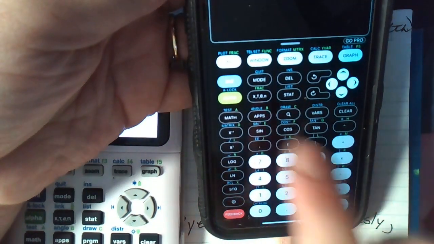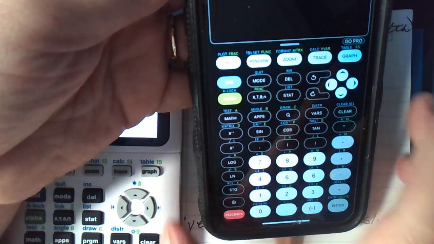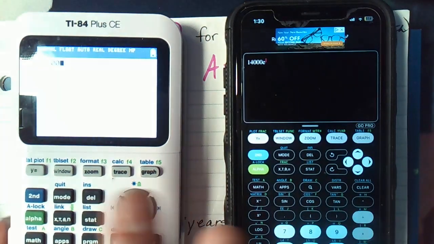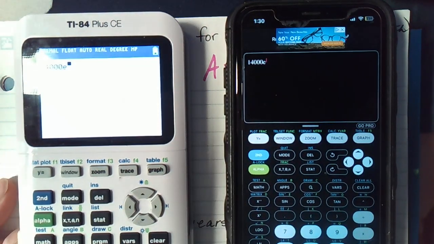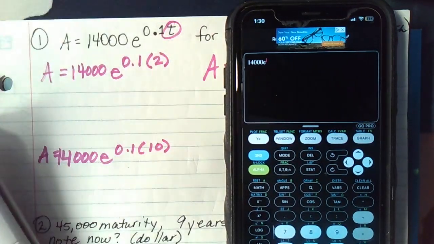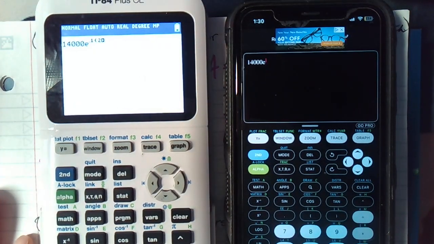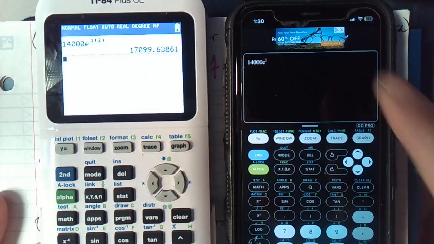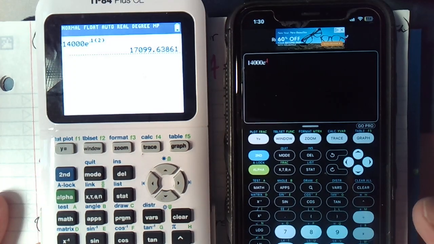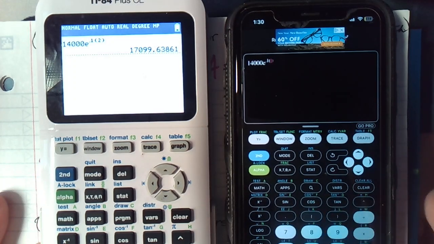Same thing on the phone. The blue second, and then the LN, and an E pops out. Okay, then in the air we have 0.1 times 2.